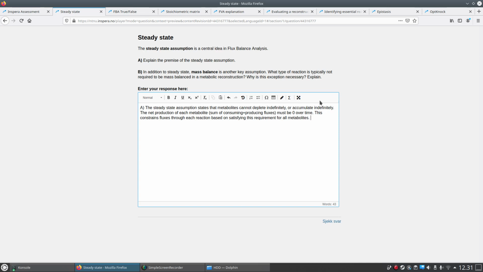In addition to that, mass balance is another key assumption. Mass balance typically means that the outgoing metabolites from one reaction must be mass equivalent to the ingoing metabolites of a given reaction.